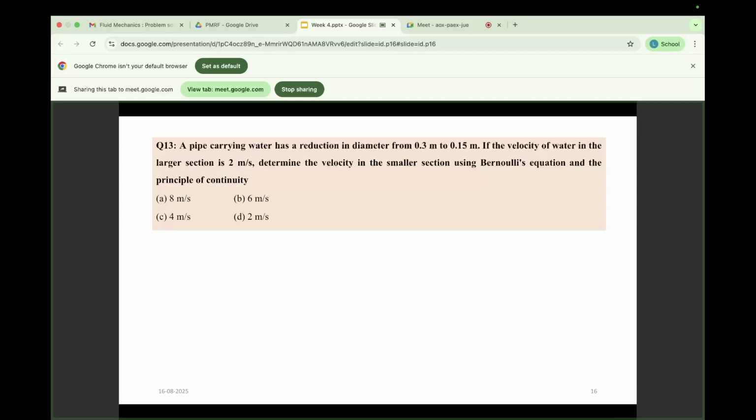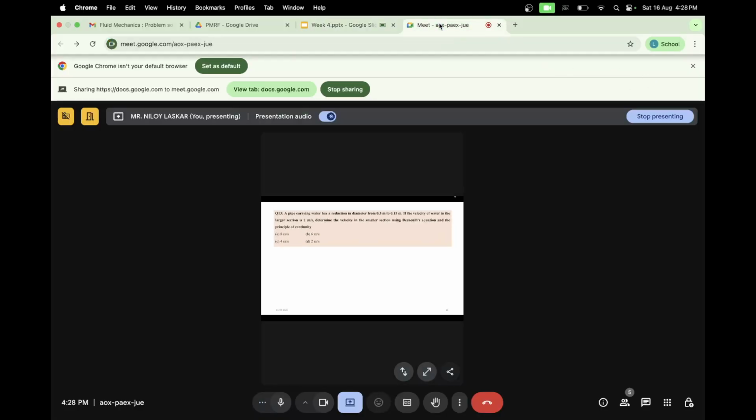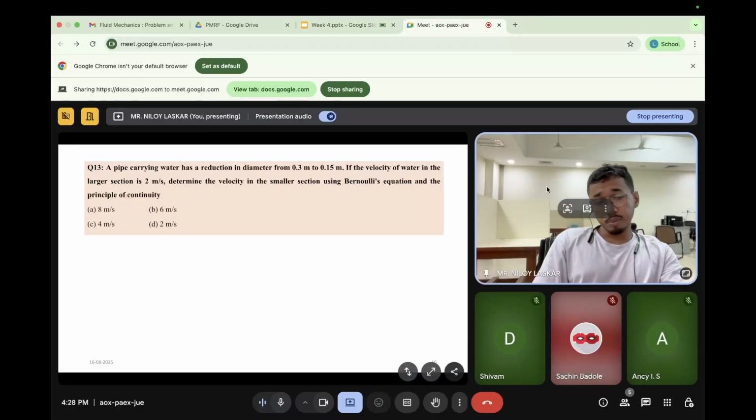Check whether Bernoulli's equation is required or not, because there are no details about pressure or datum line. You can still apply it, but check whether it is really necessary or only the continuity equation is sufficient to solve this question. So use your concept.